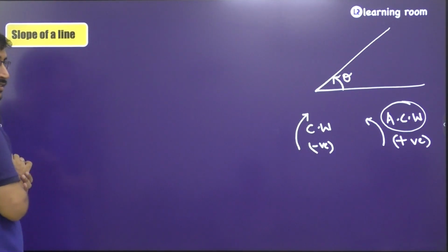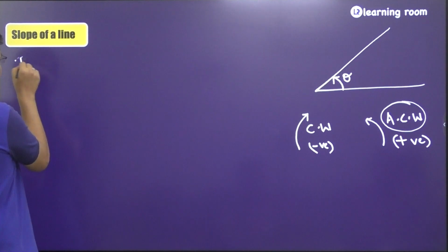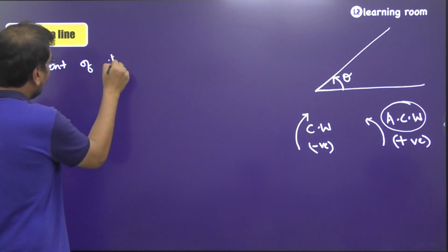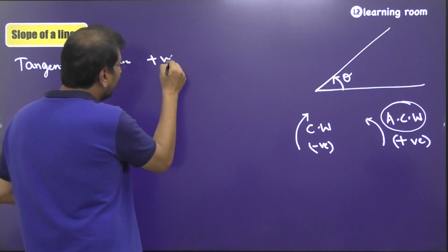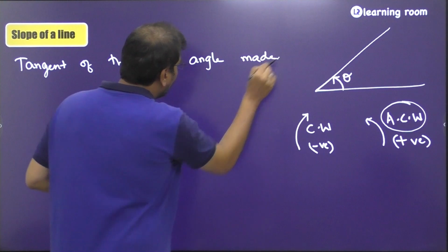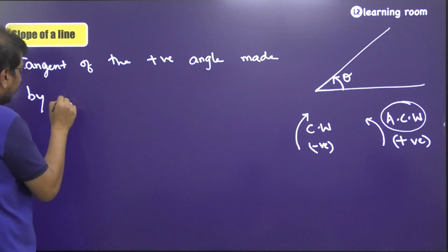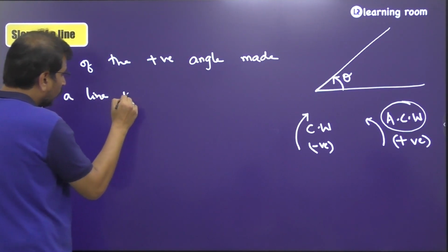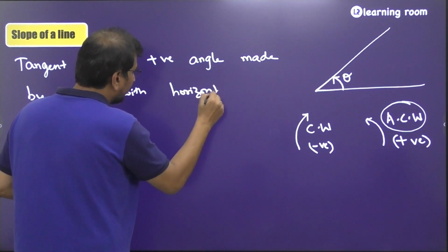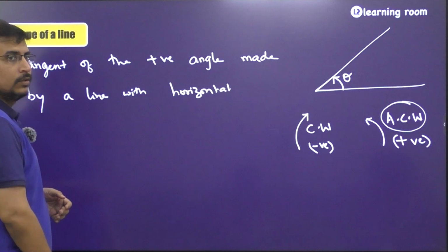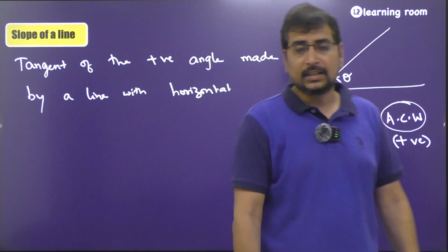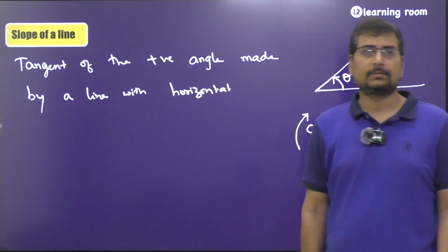The slope of a line is defined like this: tangent of the positive angle made by a line with the horizontal.